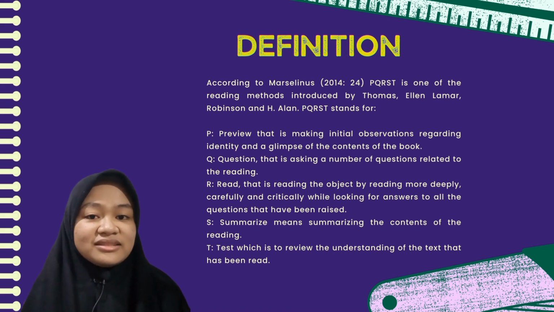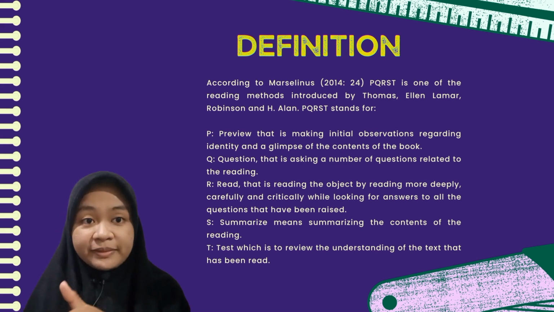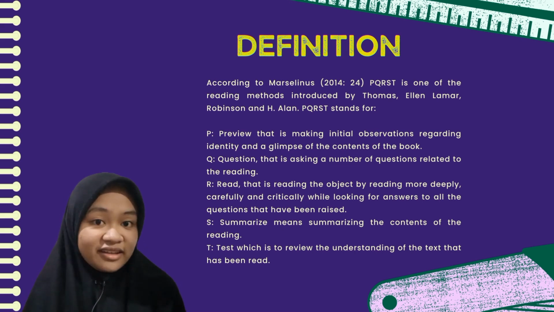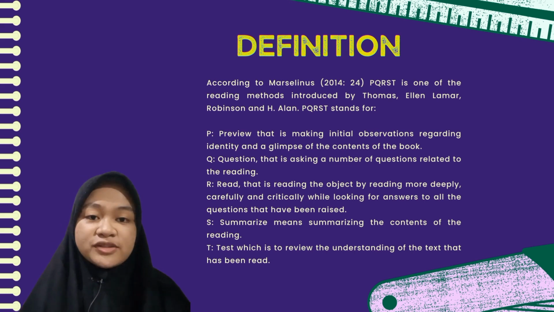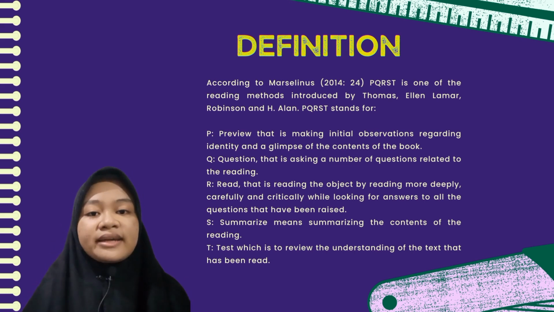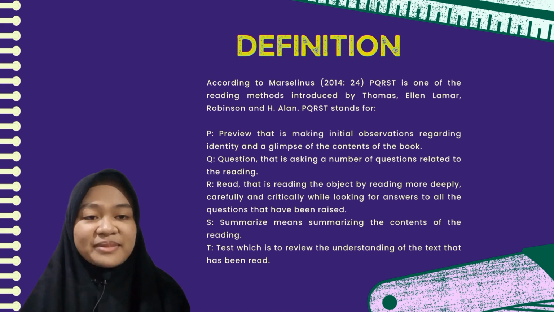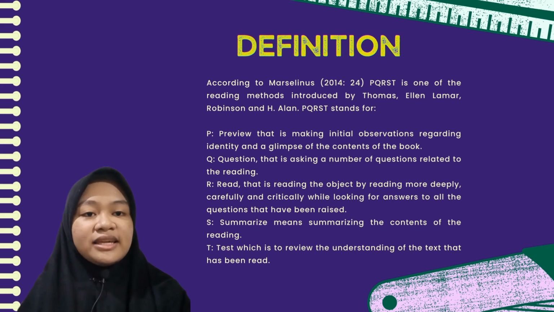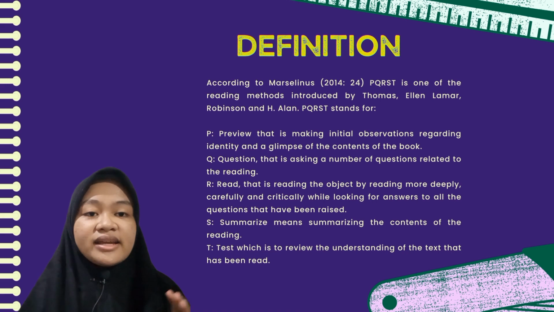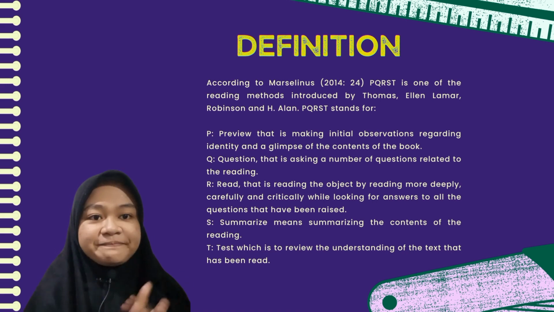R, Read, that is reading the object more deeply, carefully, and critically while looking for the answer to all questions that have been raised. S, Summarize, means summarizing the contents of the reading. The last is T, Test, which is to review the understanding of the text that has been read.